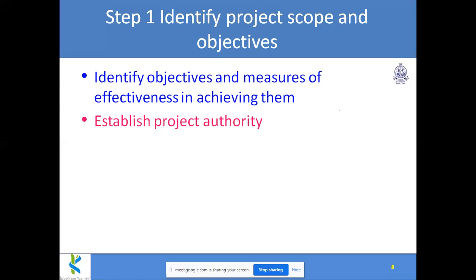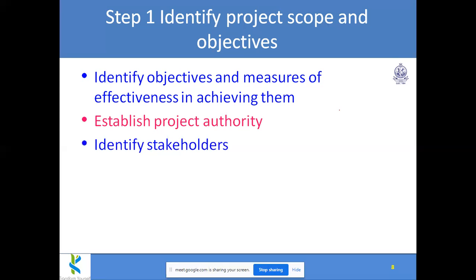But if there are some issues, each of us will give a different opinion, different ideas on how to resolve that issue. In that case, if authority is there, that person's decision will be final. So that is a very important point here: who can finalize what to do? For that reason, project authority is a must.